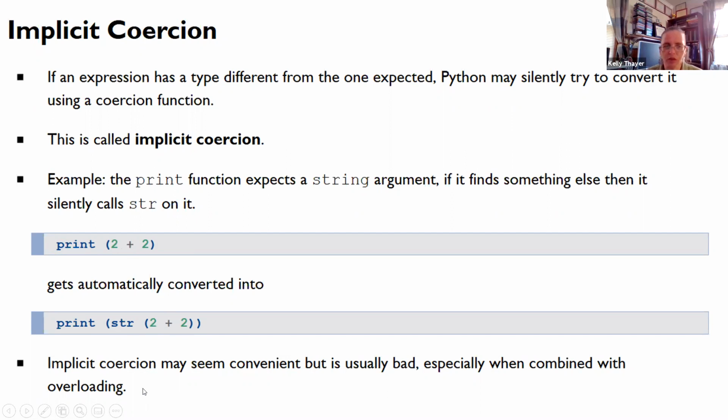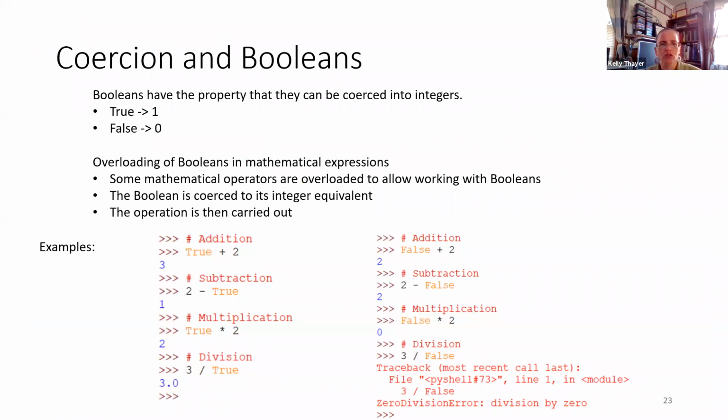That's an example of implicit coercion because you didn't actually ask Python to do it, it did it all by itself. So coercion in Booleans, as I've alluded to, may provide some unexpected results.